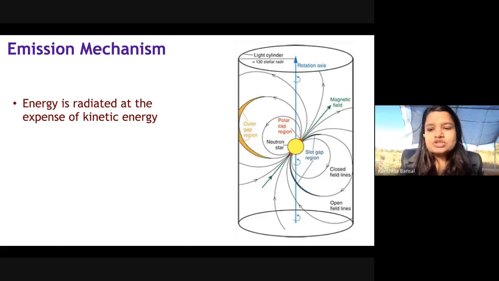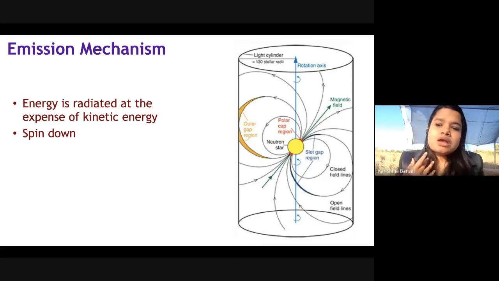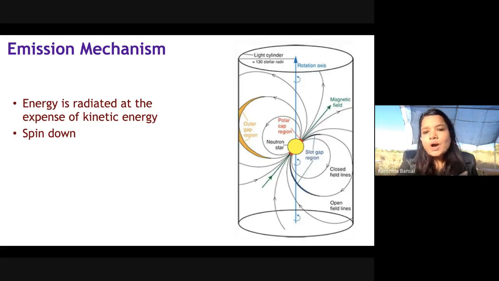As it radiates away energy, its period increases over time, and that's something we measure observationally. So this is a very simple emission mechanism. To be honest, we scientists are still trying to figure out the exact mechanism, and this is only for the radio. Pulsars can actually be observed across a wide range of the electromagnetic spectrum.